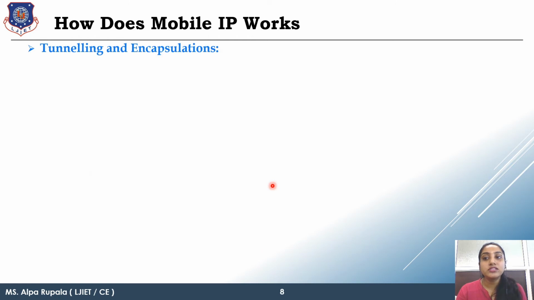Then the next process is tunneling and encapsulation. Already we have discussed that your server X, which wants to send data to the mobile node A, will send the data in the form of packets. Now a packet will have the sender address and destination address. Right now the destination address known to server X is the home address.